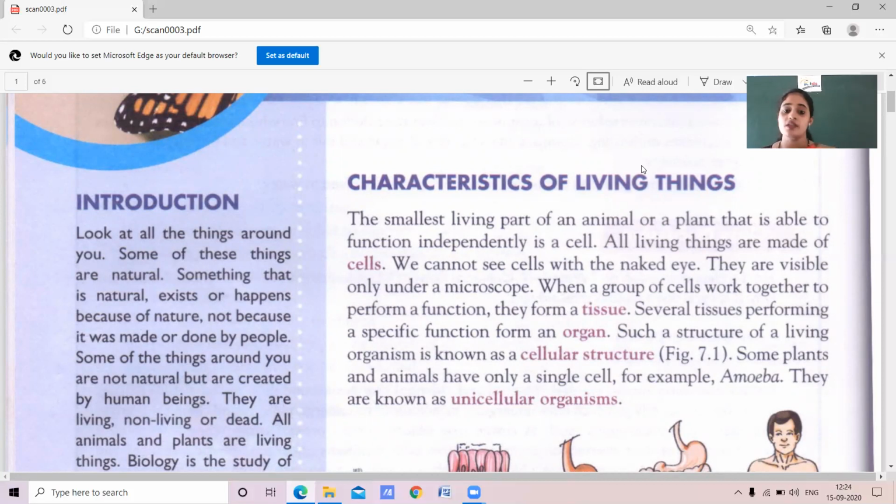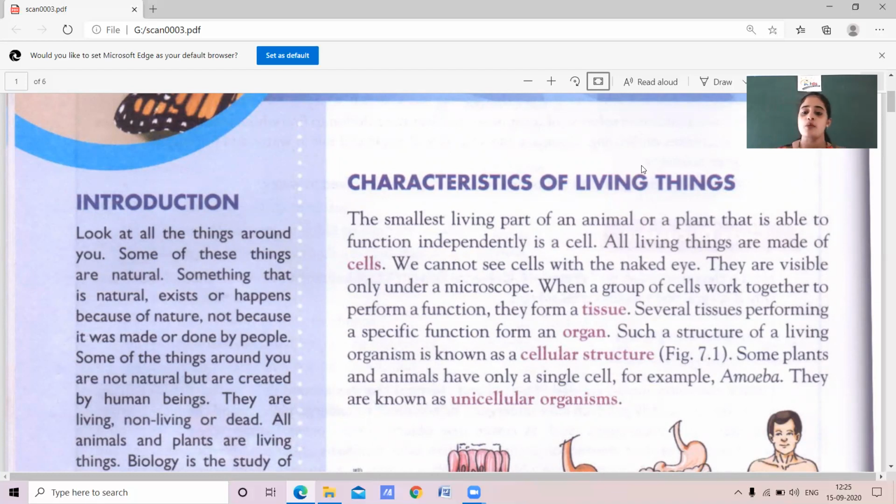Okay? Are we able to see this cell through our eyes? No. We cannot see the cell through our naked eyes. We need a microscope. Yes, you know microscope. That is an instrument which is used to see small objects that cannot be seen through our eyes.